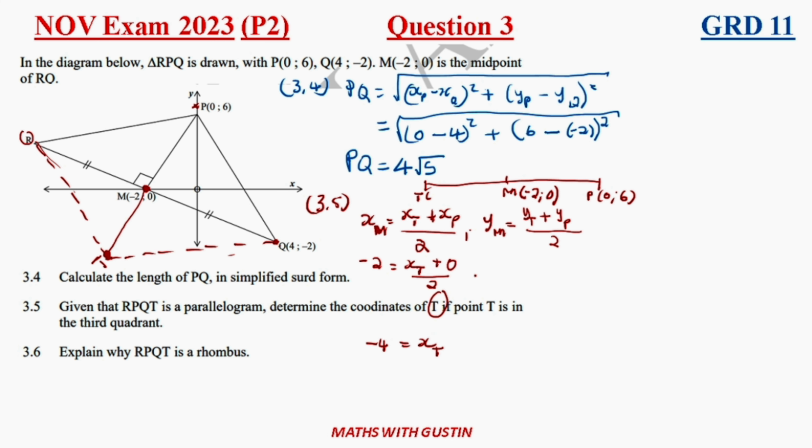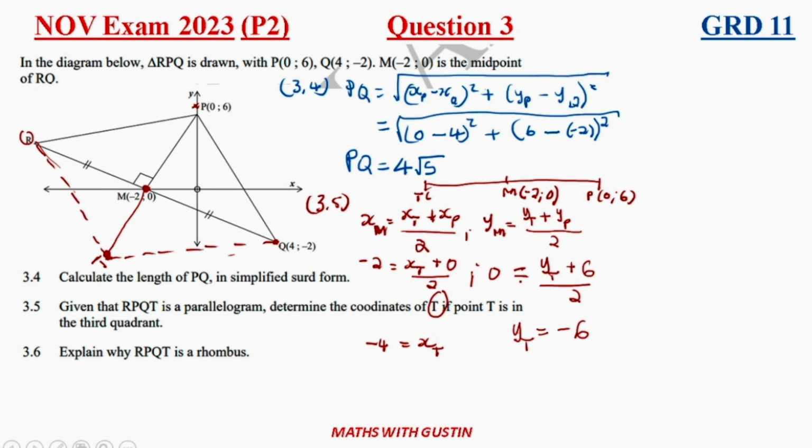Right, so a similar thing you would do for y. Y at midpoint is equal to 0. It's equal to y at T plus y at P, all over 2. No, sorry, y at P is equal to 6 rather. Therefore when you cross multiply here, you're going to get y is equal to -6, because 2 times 0 is equal to 0.